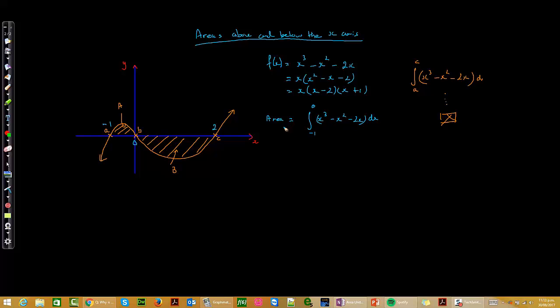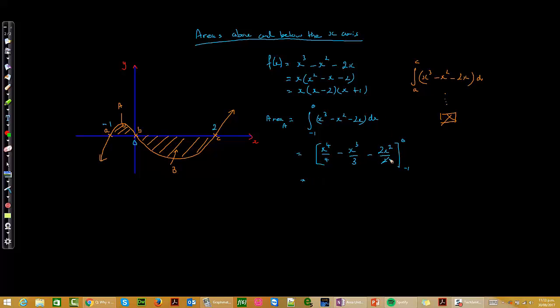Let's call this area A, and let's do the bit of work here. So we're integrating, so we add 1 to the power, divide by the new power, and we just do that for each part here, because this is simply a power function, in this case a polynomial. And we can calculate that between 0 and negative 1.